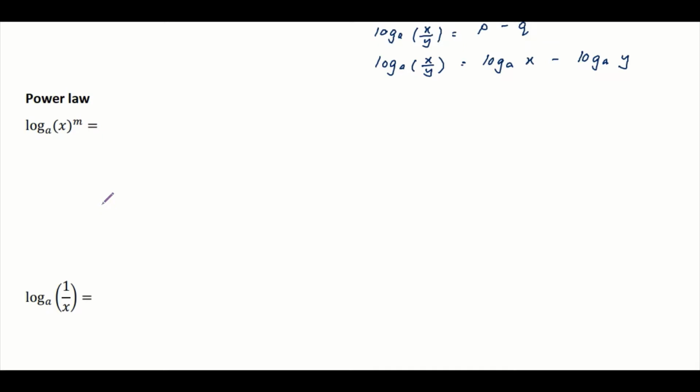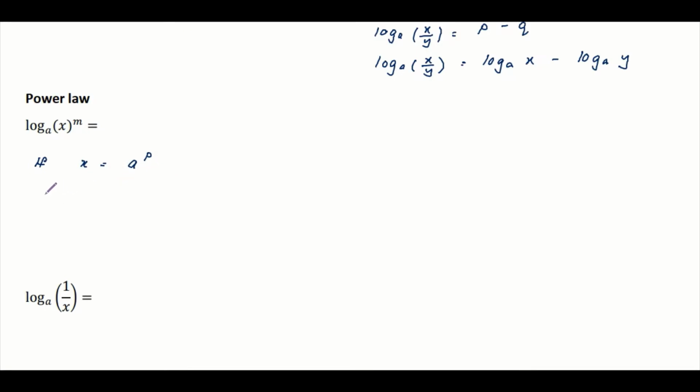Okay? So now let's look at the next one, which is the power law. The same thing, let's see how we get the answer. What we can do here is define one index, like x equals a to the power of p.